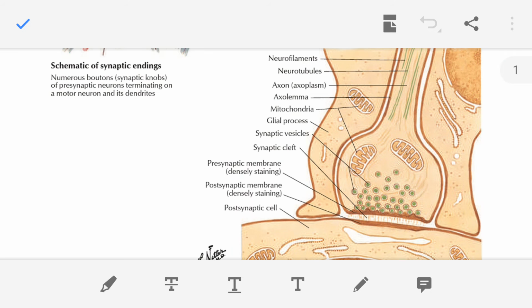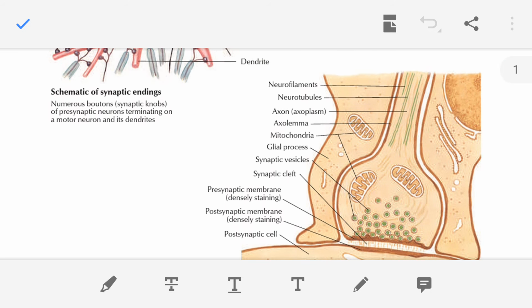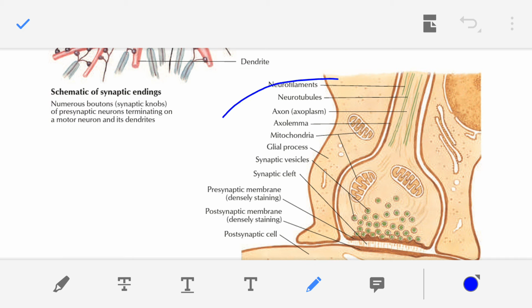Now in this figure, see, this one is the axon terminal. That means this cell is the presynaptic neuron, and this bulge portion is known as the synaptic end bulb.